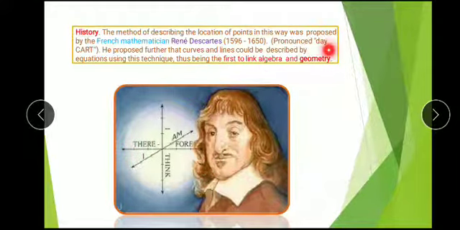His name is also pronounced as Descartes. He proposed further that curves and lines could be described by equations using this technique, thus being the first to link algebra and geometry. So he further told that coordinate geometry can be used to draw lines as well as curves, and thus it can be linked to geometry as well as algebra.